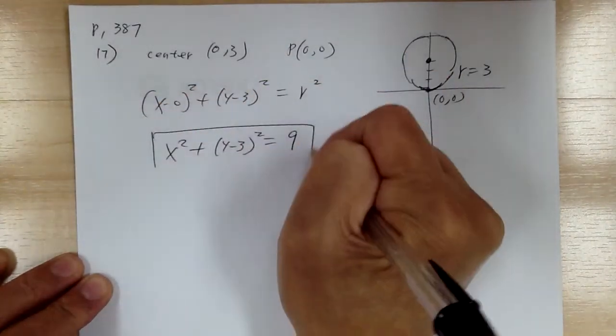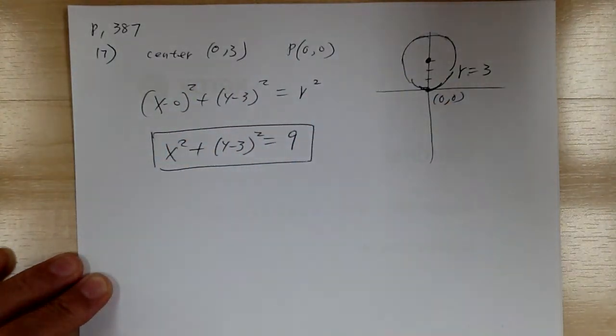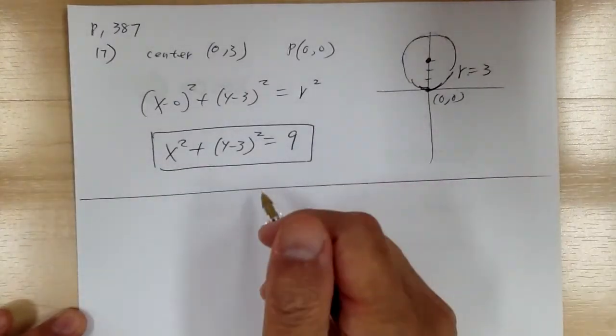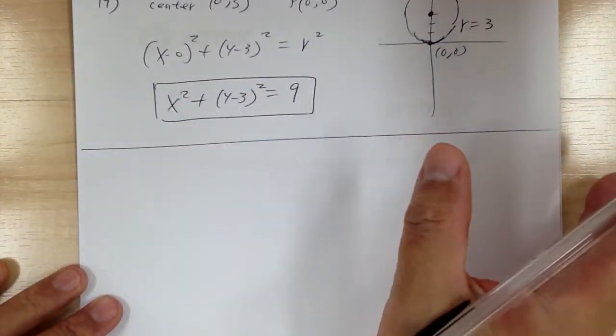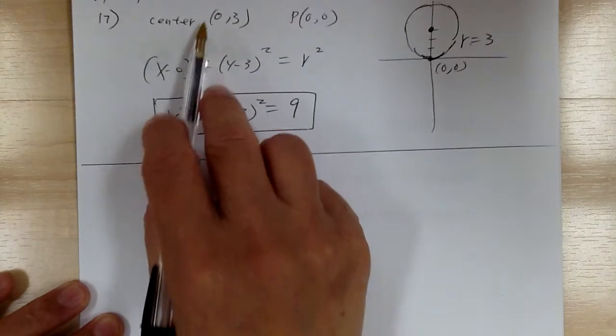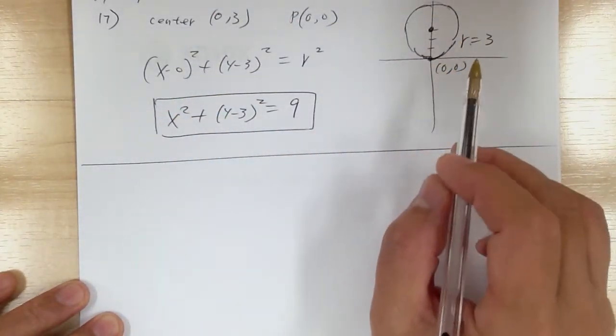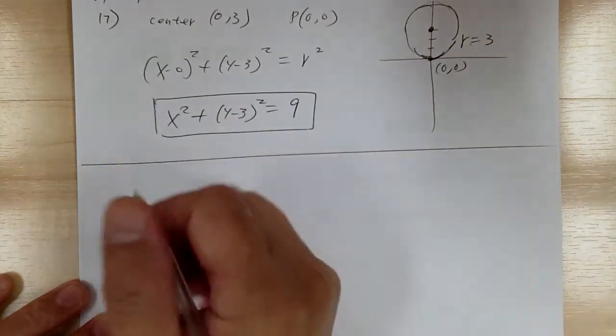And that's it. Again, if you sketch things out, it will make things a lot easier because you can visualize. When looking for the equation of a circle, you just need to know the center and the radius. So sketch it out, figure out where the center is and what the radius is, and you can write your equation.